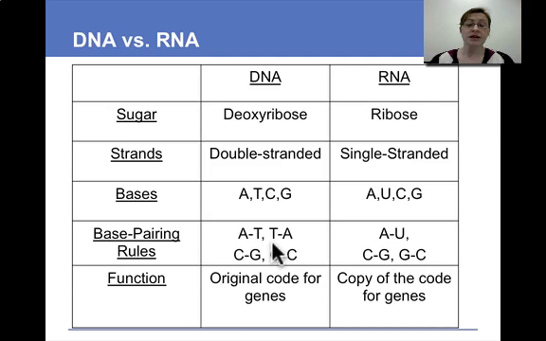As we know, DNA contains the original code of our genes. There's only one DNA molecule in each cell, and because of that, we have to protect it. So think of all the times that your cell needs to access the DNA in order to make more protein. Increasing the number of access points on your DNA molecule is going to increase the chance that the DNA gets exposed to something.